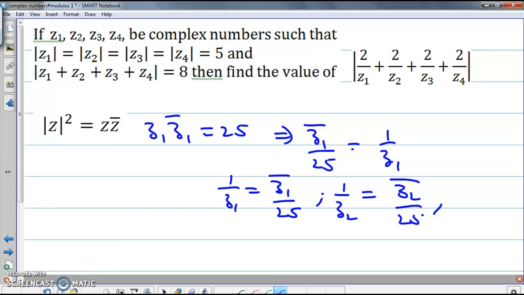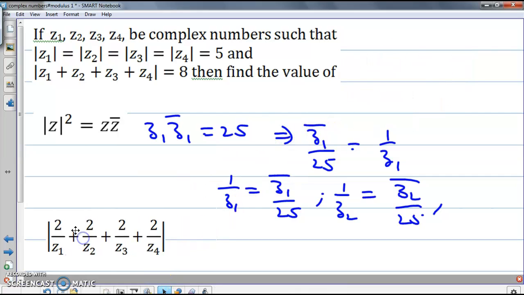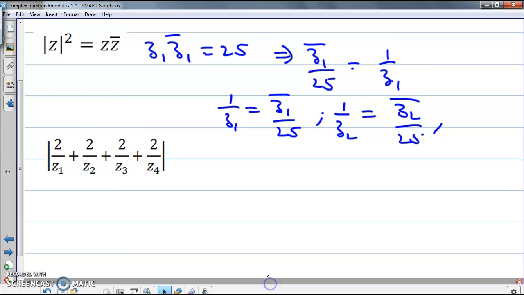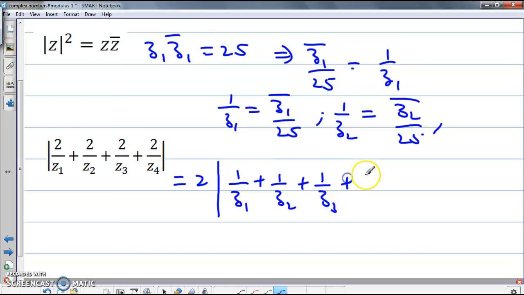Now we want to evaluate this. See, we can take 2 common from the numerator, so we get 2 times 1 upon z1 plus 1 upon z2 plus 1 upon z3 plus 1 upon z4 in modulus.